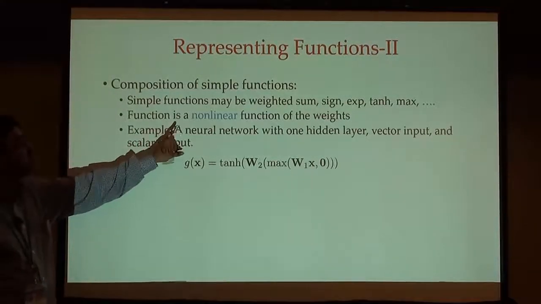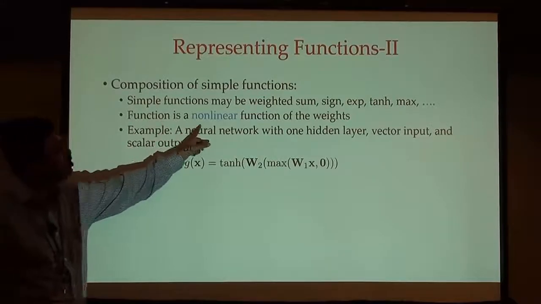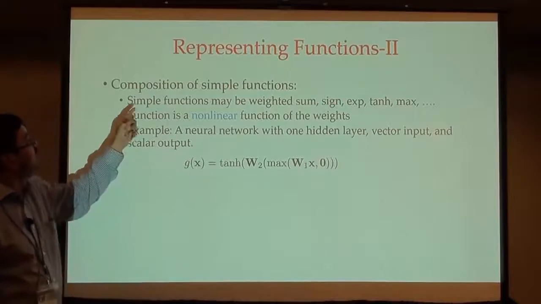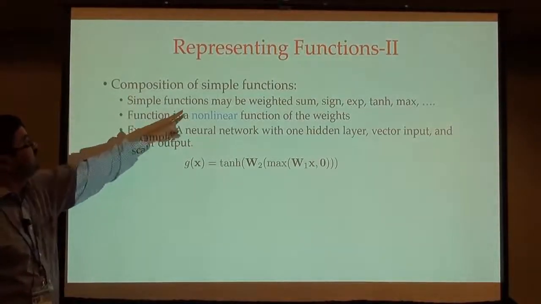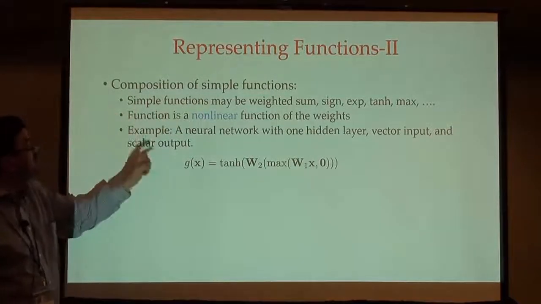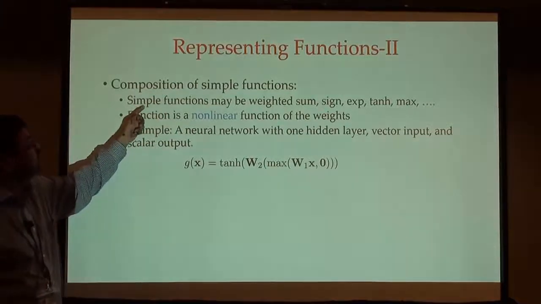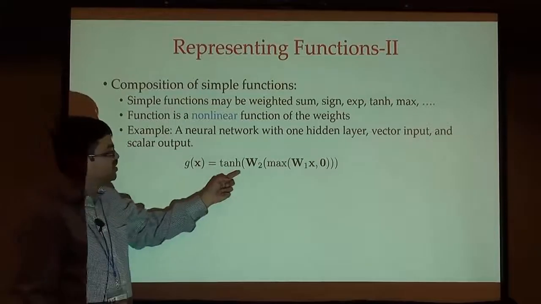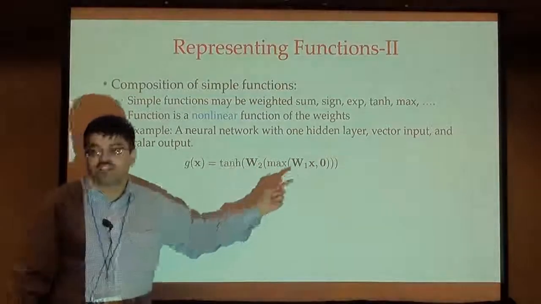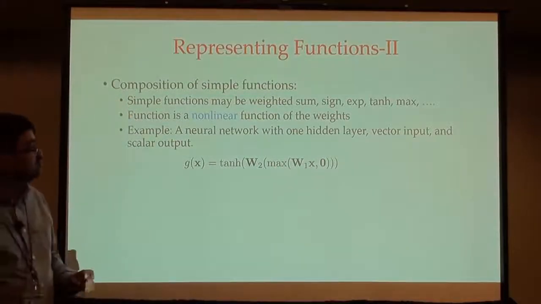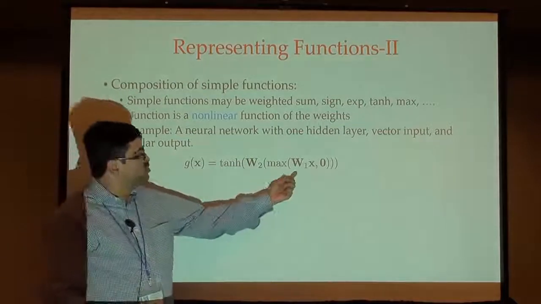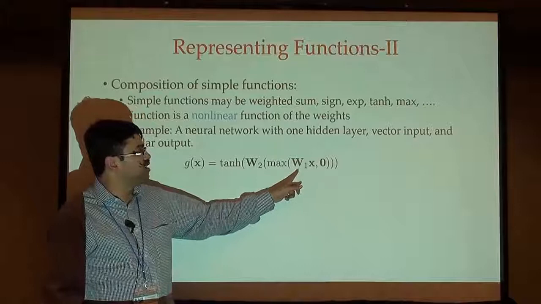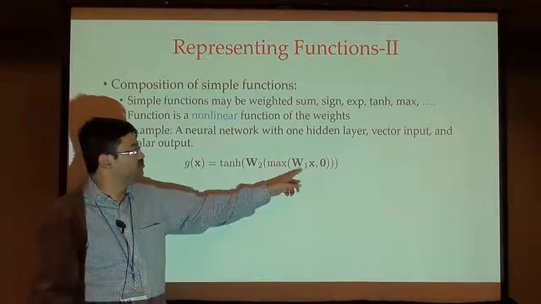A neural network is a representation where your function is a nonlinear function of the weights. What you are doing is representing the function g(x) by a composition of simple functions. I have put in an example of a two-layer network that I could write down. So this is w1 times x, where x is a d-dimensional vector, so think of this as some d1 times d matrix.